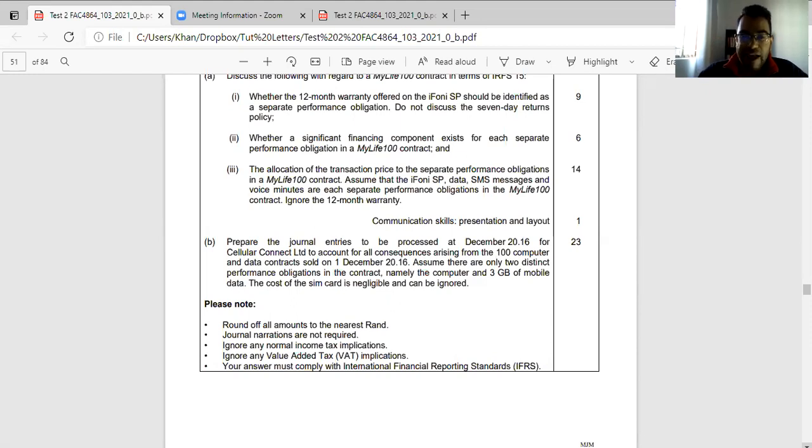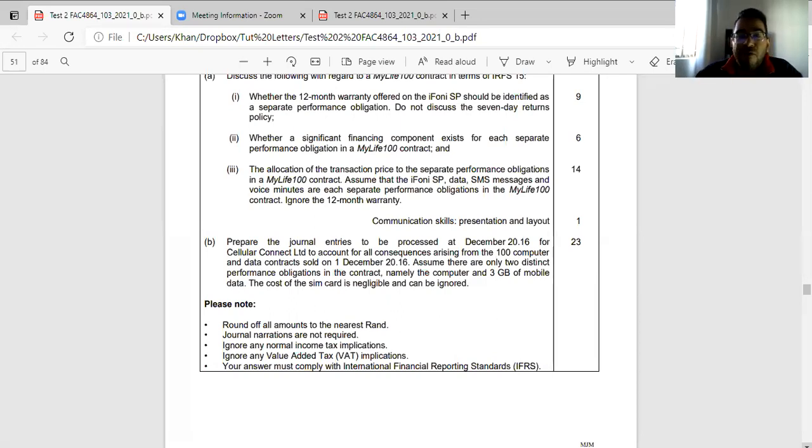So we're going to have to decide. The way you deal with this is to apply the 5-step model. Step number 1, identify a contract with a customer. There was a signed contract, done. Step number 2, determine the separate performance obligations.